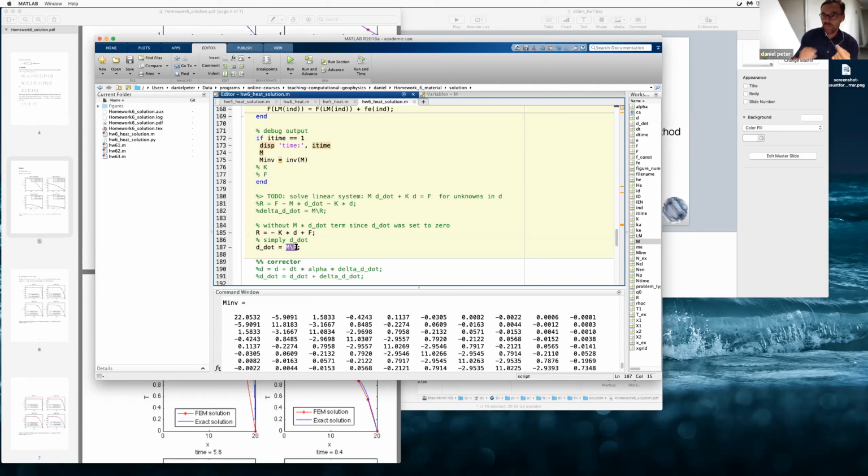Now think of it if it would be just a diagonal matrix. If the inverse of M is a diagonal matrix, then we only compute with a very specific element. We don't need the full vector anymore, but only the product with a very specific nodal point, a global node.